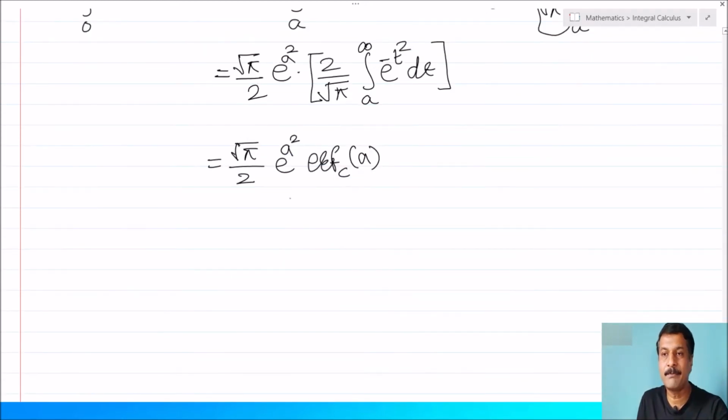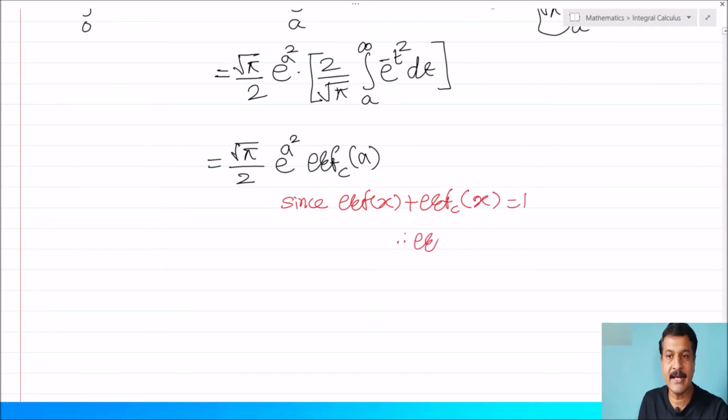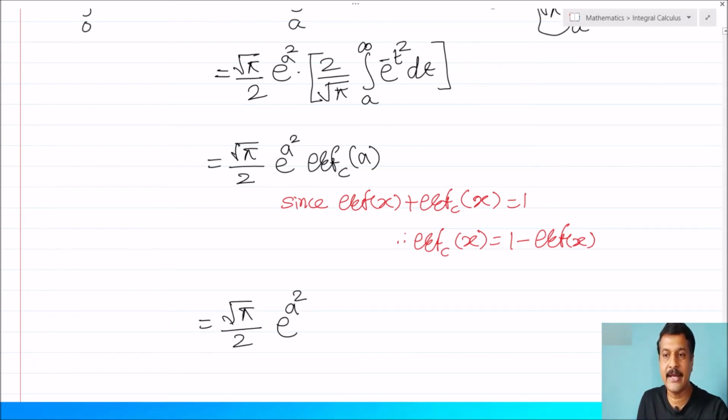So by using a property of error function, that is the error function of x plus complement of error function of x, that is equal to 1, and therefore I can write complement of error function of x equal to 1 minus error function of x. So by using this property, I can write that is equal to root pi by 2 into e raised to a square into 1 minus error function of a.